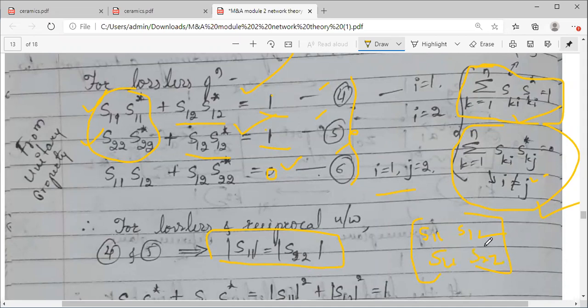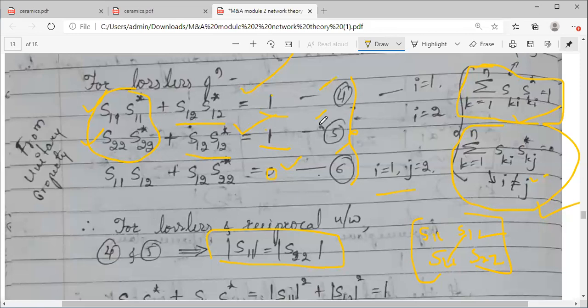So I minimum require 4 equations to solve it. But I am considering only 3, because from the symmetric property you know S12 and S21 are both equal. If I find one value, that is enough. So only 3 equations are sufficient for me to solve.